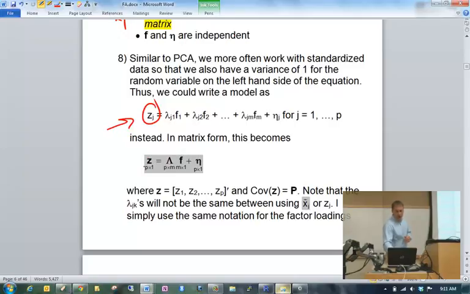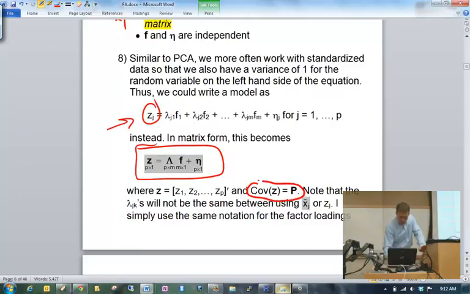Okay, so this is what our factor analysis model looks like, in matrix form, with now a vector z on the left-hand side. One important thing to remember when you're working with standardized data is that the covariance matrix for z is equal to the correlation matrix for the x's, which equivalently would be the correlation matrix for the z's as well.